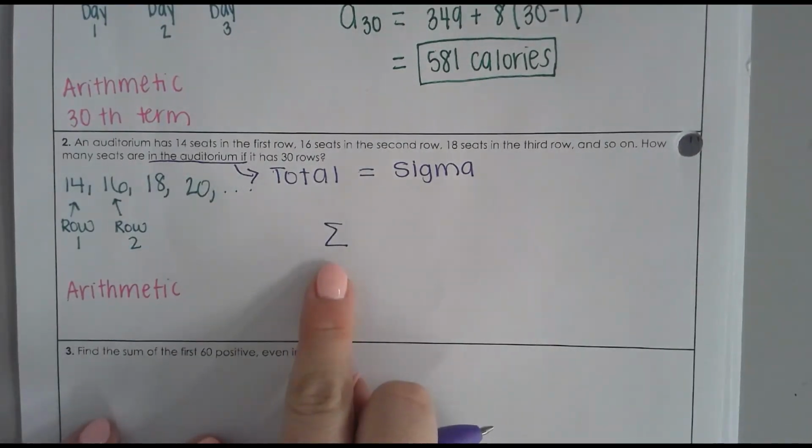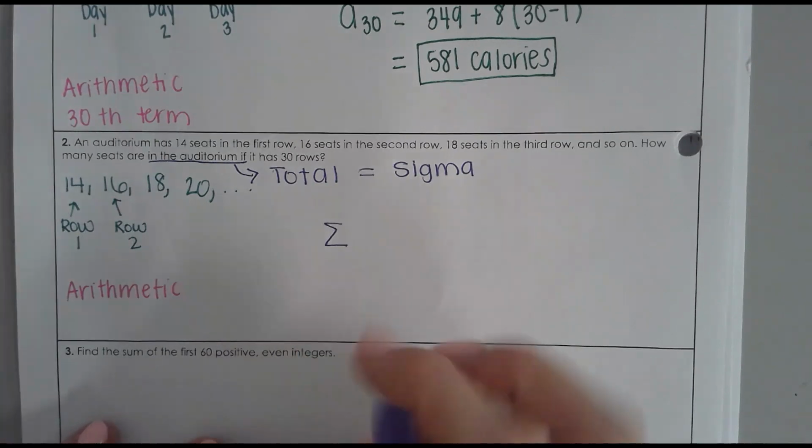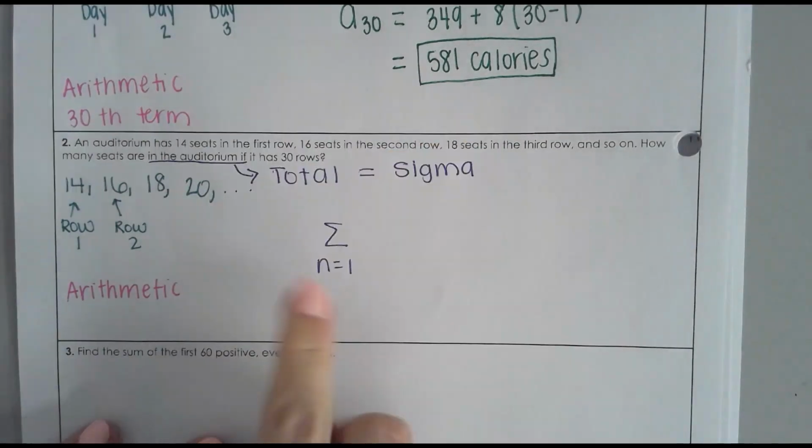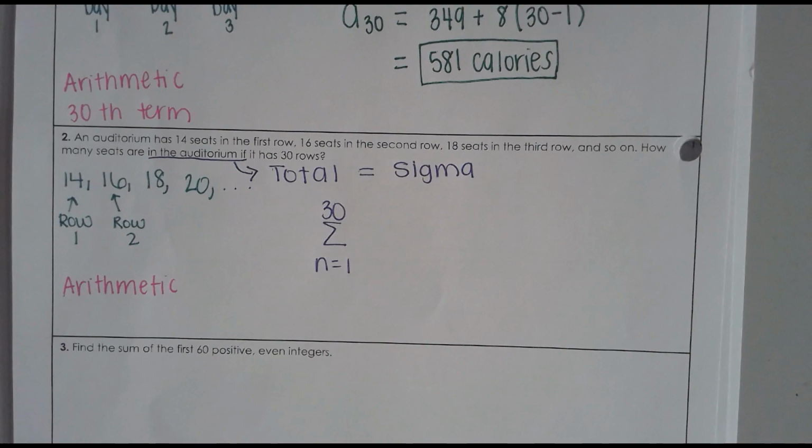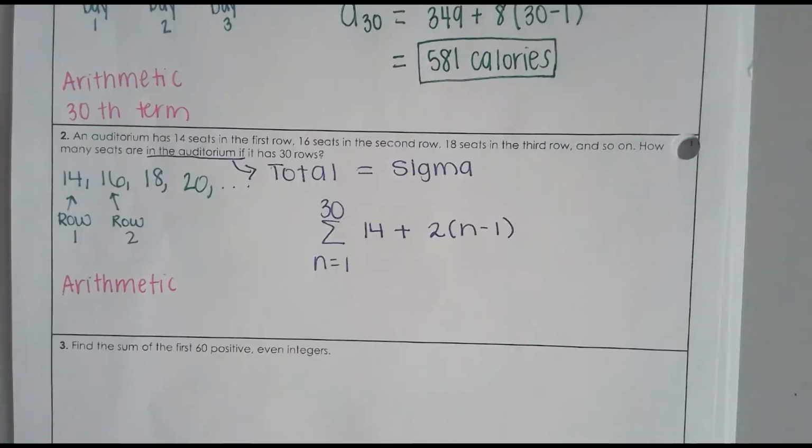What do we always put at the bottom of sigma? N equals 1. And what's going to go at the top? 30. And then over here we put the formula. It's arithmetic, so 14 plus the common difference.